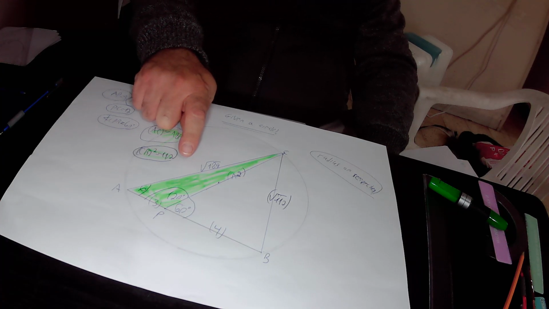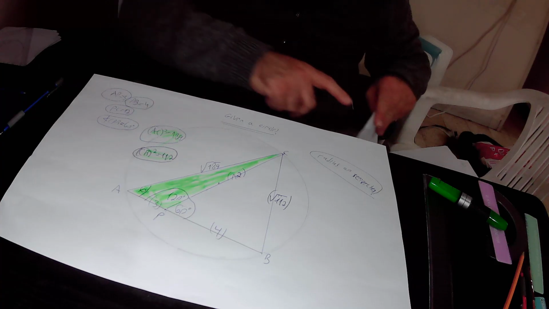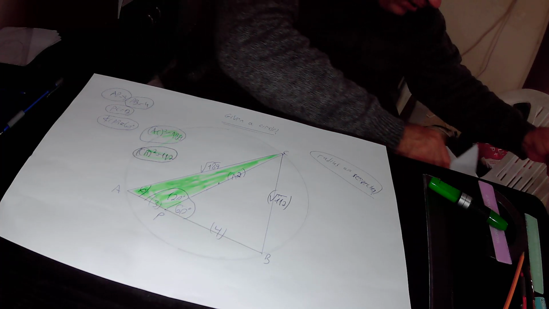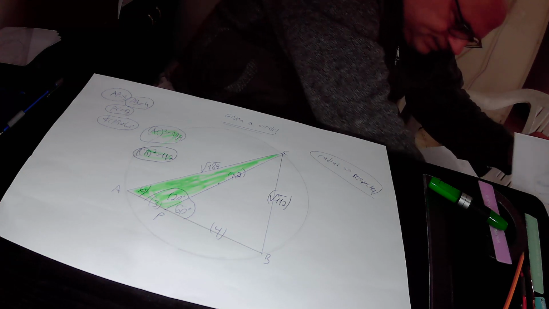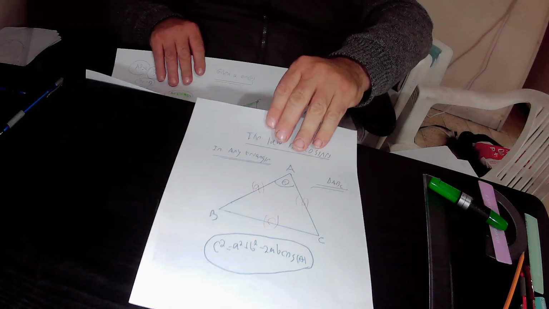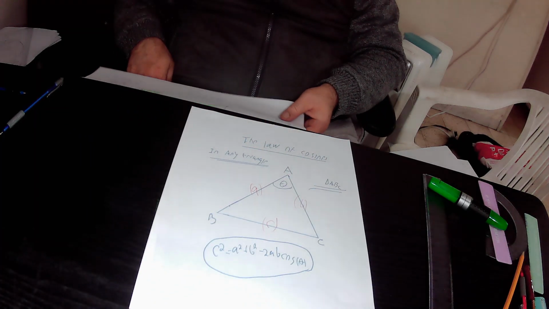Let me repeat quickly the law of cosines. The law of cosines is true in any triangle, so this is triangle ABC that could be any triangle.